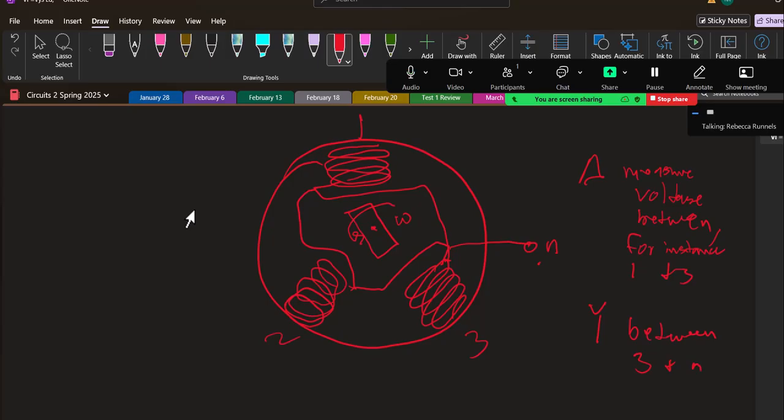That's how you measure it. But you see, you could measure it either way.